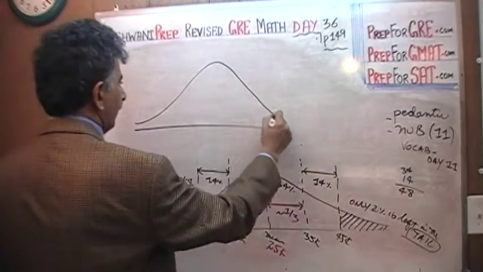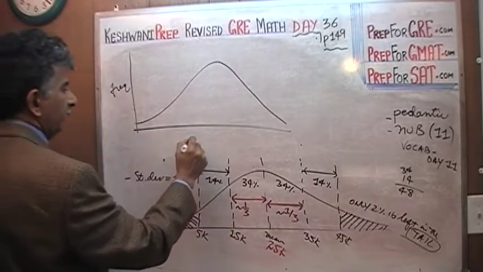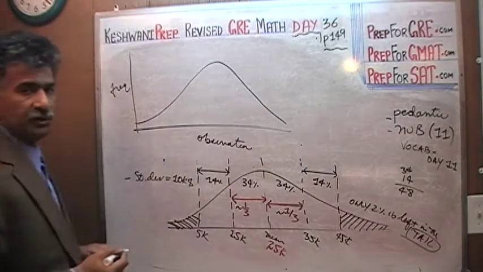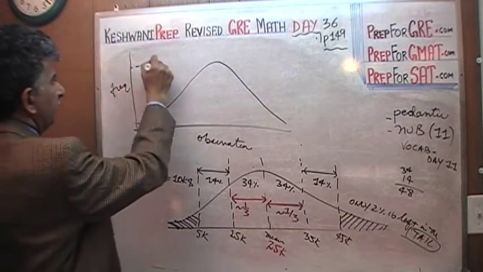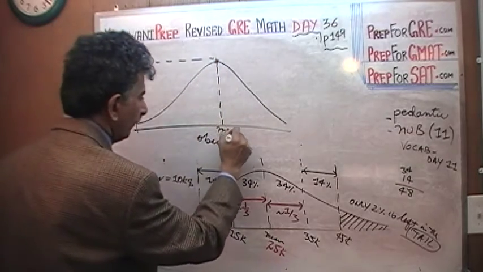Since on the y-axis we are measuring frequencies, and here are our observations, which observation happens most frequently? The one that happens most frequently is the one right here, which is also your mean.